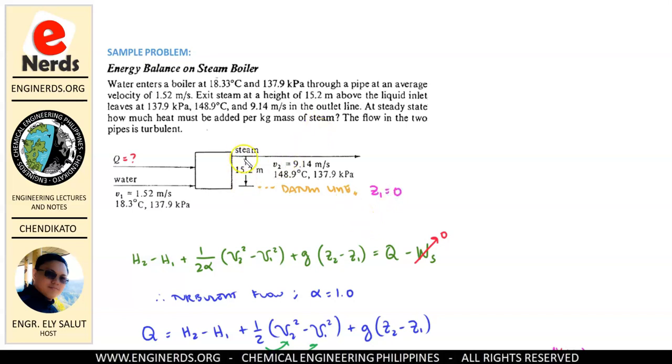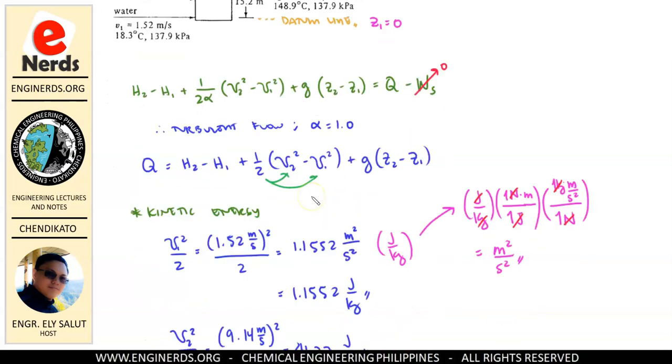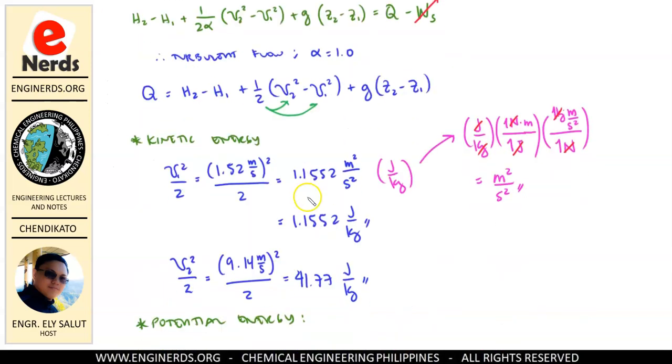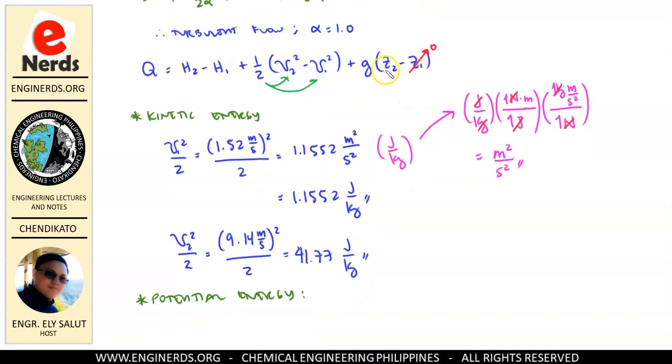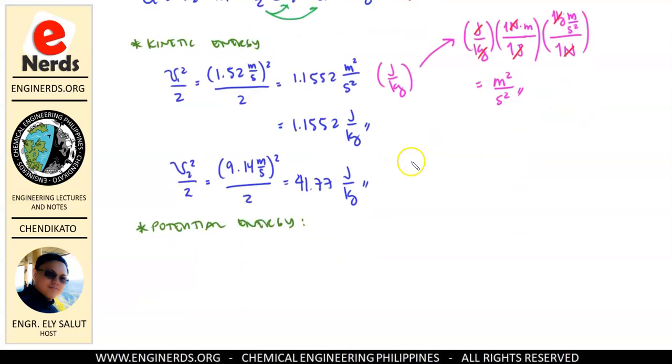So we have this elevation right here. Therefore, at this level, our Z2 is equal to 15.2 meters. So we have 15.2 meters para sa ating Z2. So therefore, in here, our Z1 is actually equal to 0. So we need to multiply our acceleration due to gravity to Z2. So, yan ang kukunin natin.